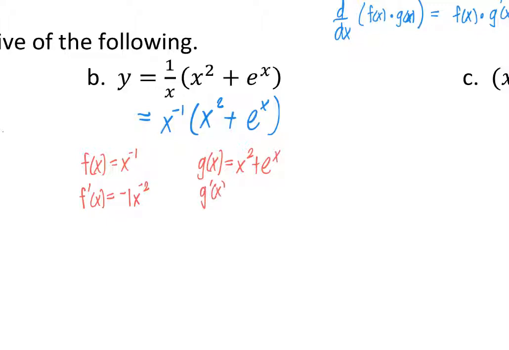The derivative of the second function, 2x plus the derivative of e to the x is e to the x. Okay, and so now I want to remember that rule, the one that I just wrote down, and y'all, I'll write it down every single time that I use it.